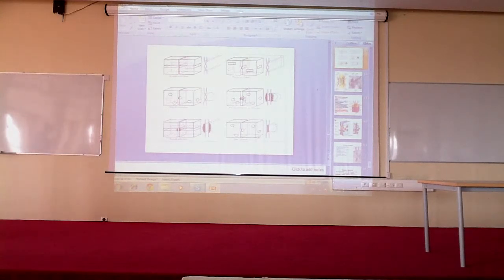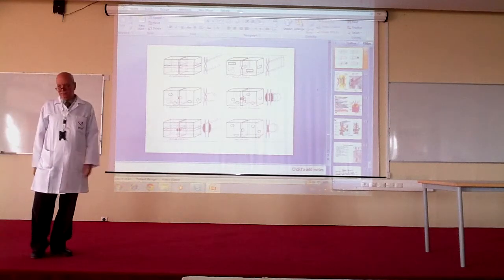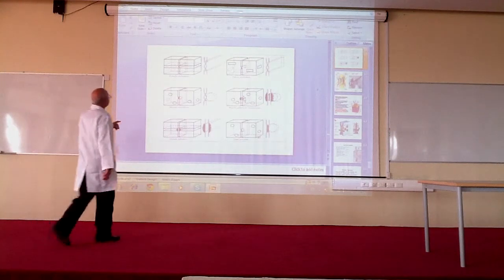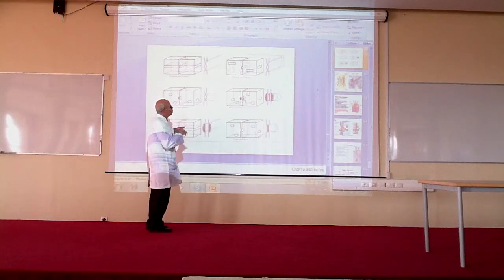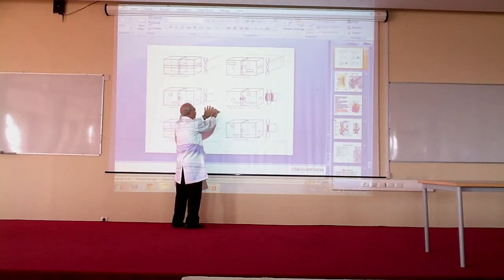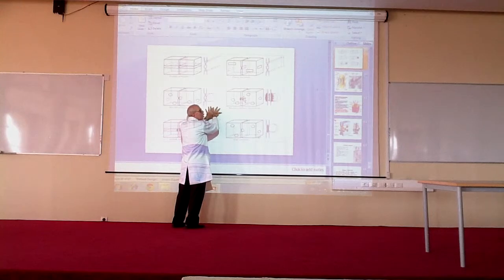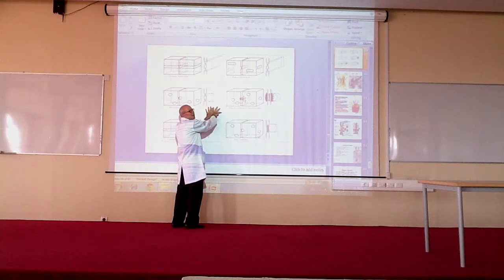We have three main types of cell junction according to the nature of junction. If the intercellular space is closed in between the cells, we call it occluded or tight junction. This is one cell and this is the next cell.